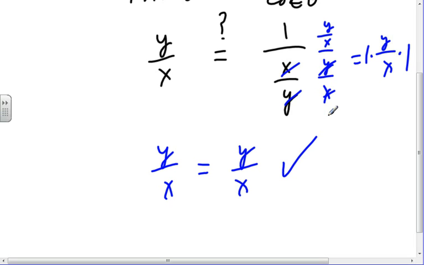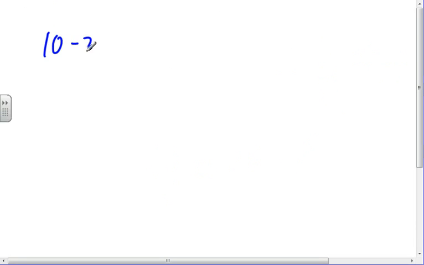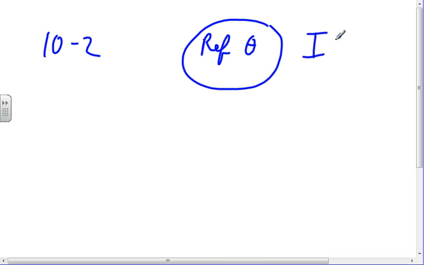All right, now we're going to go to 10.2. We're going to go to section 10.2, and we're going to talk about reference angles. My reference angle is always a first quadrant answer.